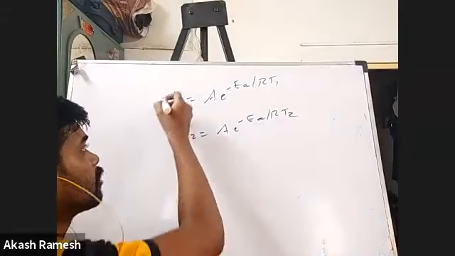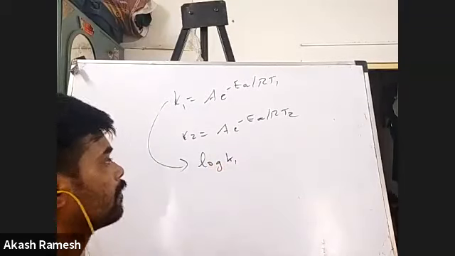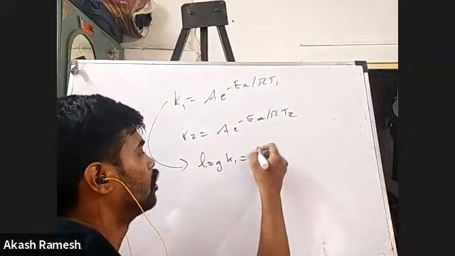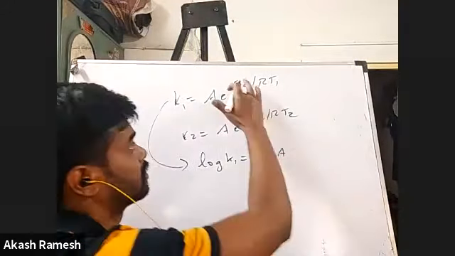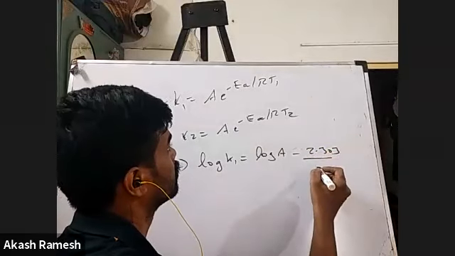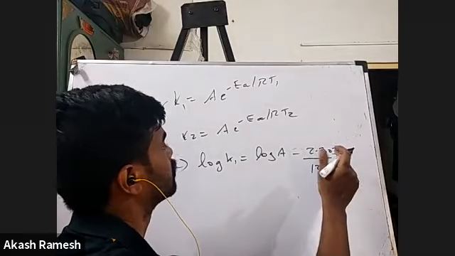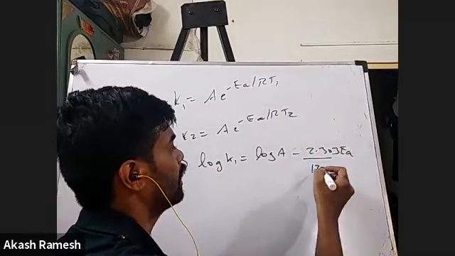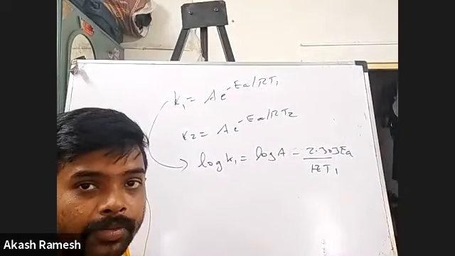Okay. So this equation, let me convert it like this. I can write log of K1 is equal to log of A minus 2.303 Ea by RT1. Can I write it like this?